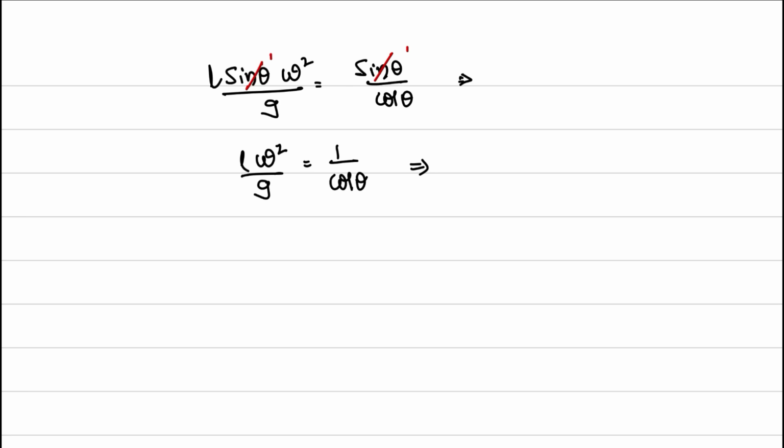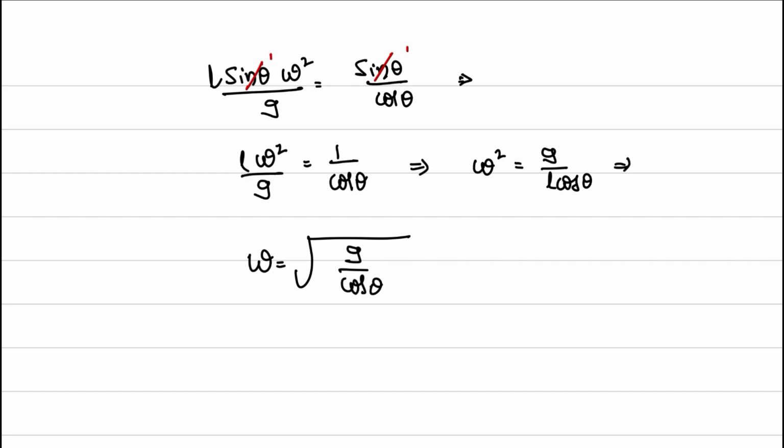That implies omega square is equal to g by L cos theta. That means angular frequency, that is angular velocity, is equal to square root of g by L cos theta. This is one of the most important derivations in the case of the conical pendulum.